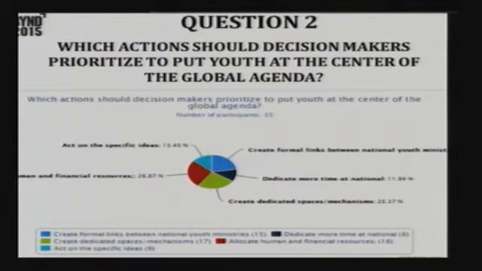We also chose the 4th option, create dedicated spaces and mechanisms with official status within ministries and national governments. We chose this option because we find it important for us as young people to be empowered in our governments and ministries to make joint decisions together with government leaders.